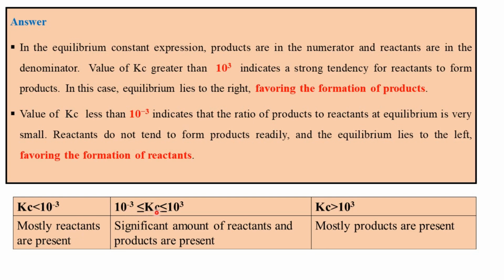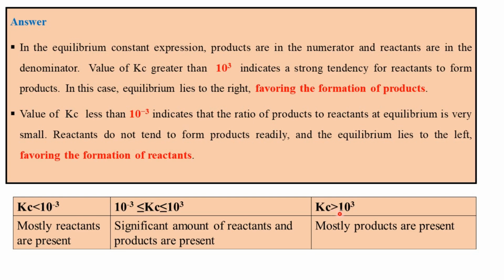When you have a value between 10^-3 and 10^3, you have both the reactant and the product present. In this case, both the product and the reactant are present in a significant amount.